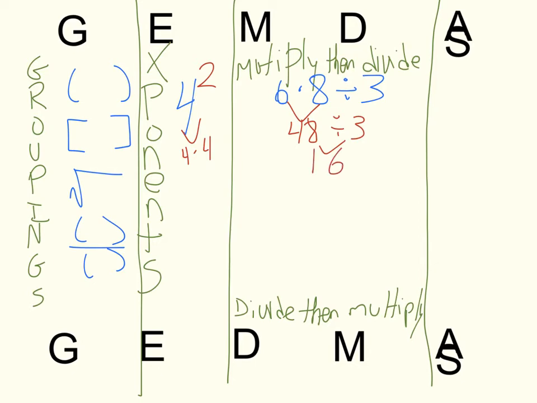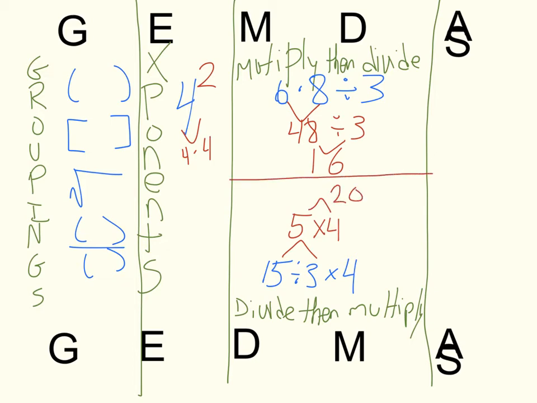In the other situation, we could have 15 divided by 3 times 4. In this case, I'm going to start with the division on the left and finish with the multiplication. So either may go first, it depends what is on the left or the right.